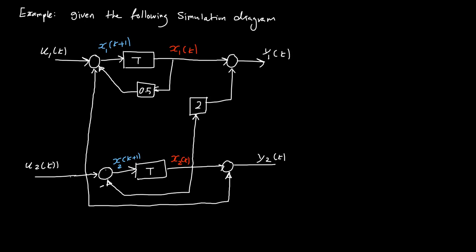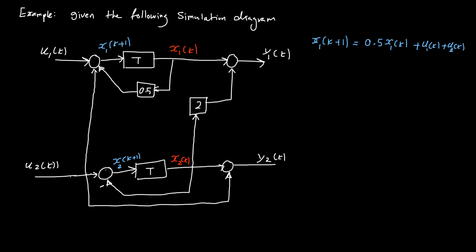So let's try to write the first equation. x1 of k plus 1 will equal, the first thing here we can write is 0.5 x1 of k. Then here we have u1 of k, and here also we have u2 of k.